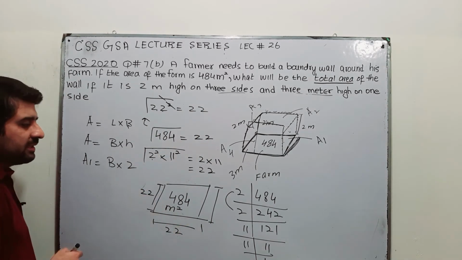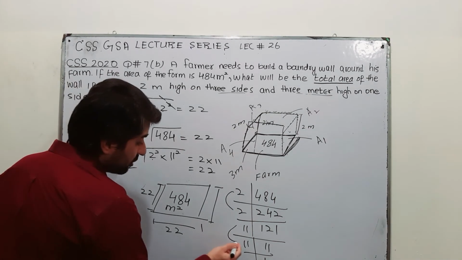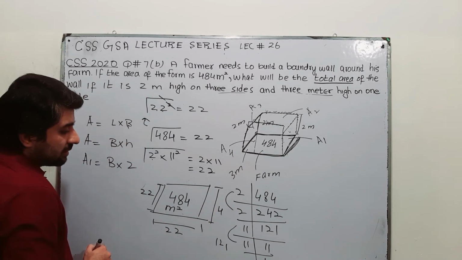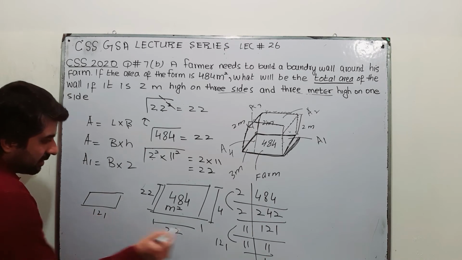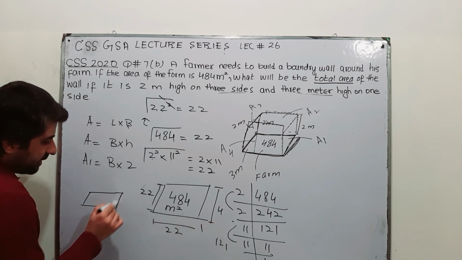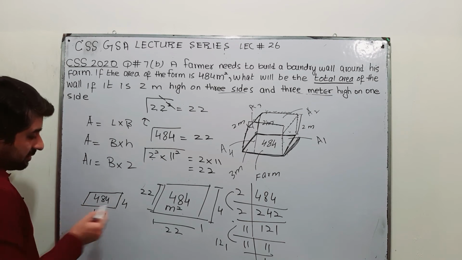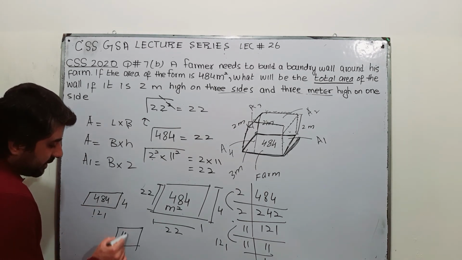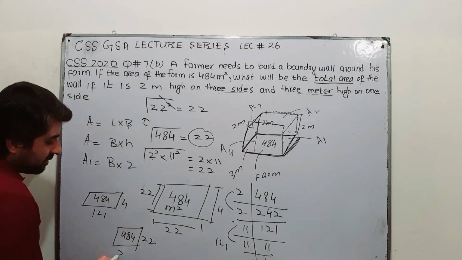This is one of the cases. There may be another case. I can say that 11 into 11 is 121 and 2 into 2 is 4, then its length is 121 and width is 4. That becomes 484. The second case is a square form, where the area is 484, one side is 22 and the second one is also 22.